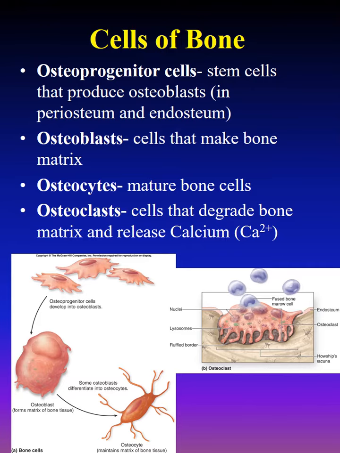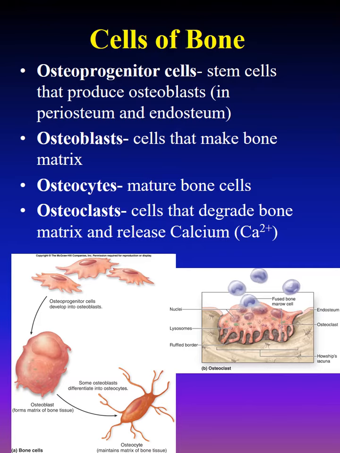So they secrete hydrochloric acid that dissolves mineral parts, which are, again, calcium and phosphate of the bone matrix. Lysosomes within these osteoclasts are going to digest and degrade and then dissolve the organic matter of the matrix, so then that will be expelled out of the bone cells.